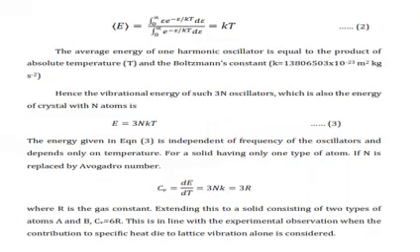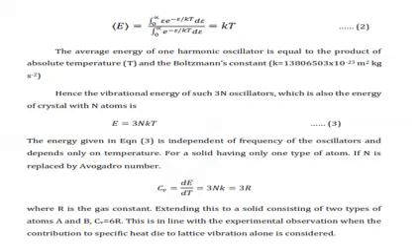So E is equal to the integral from 0 to infinity, because we already said it ranges from 0 to infinity, of E e power minus E by kT dE, divided by the integral from 0 to infinity of e power minus E by kT dE.